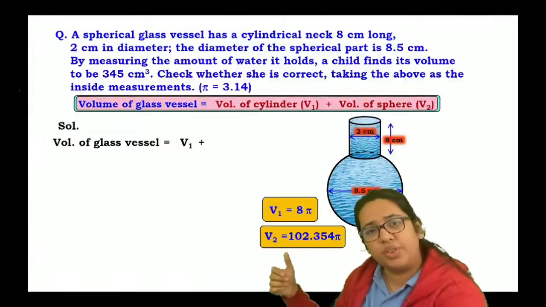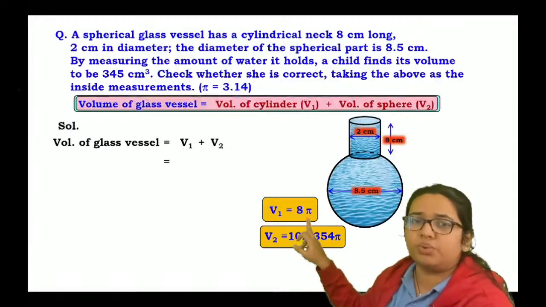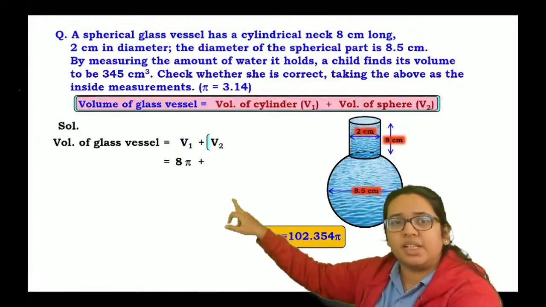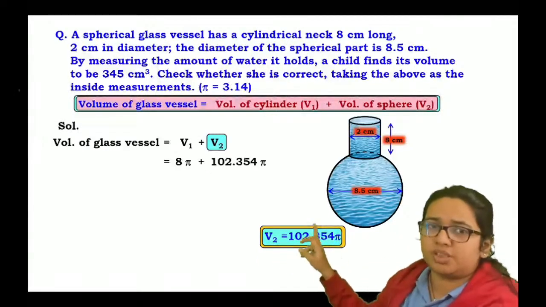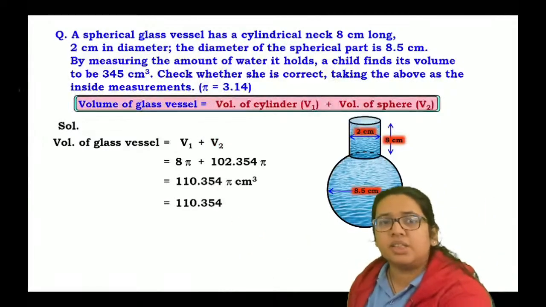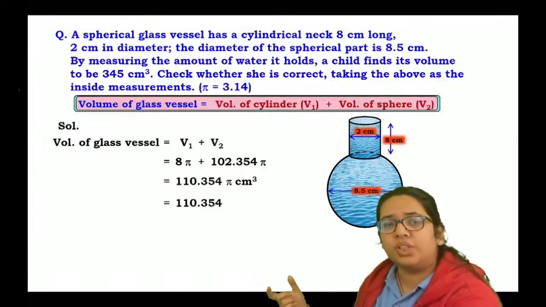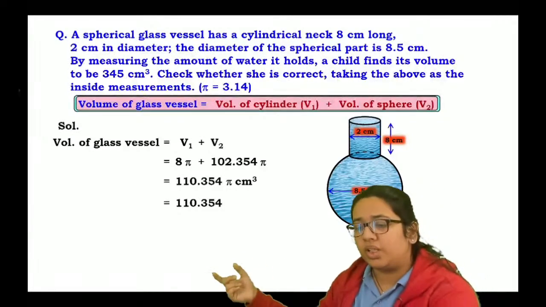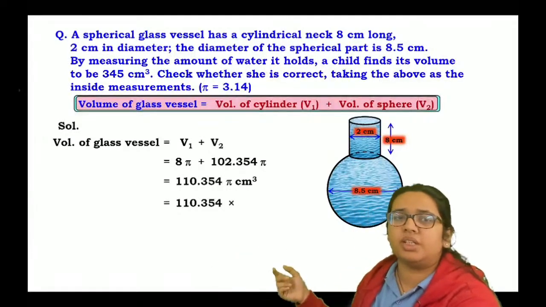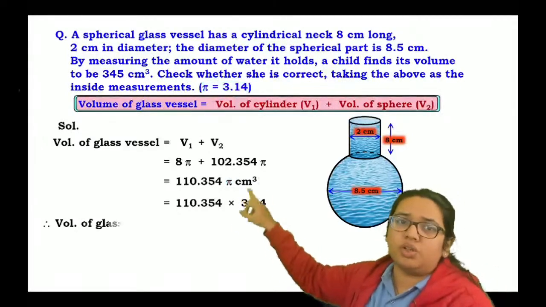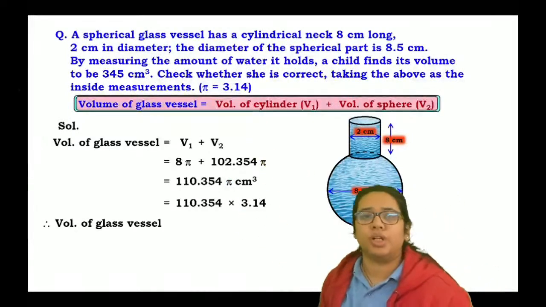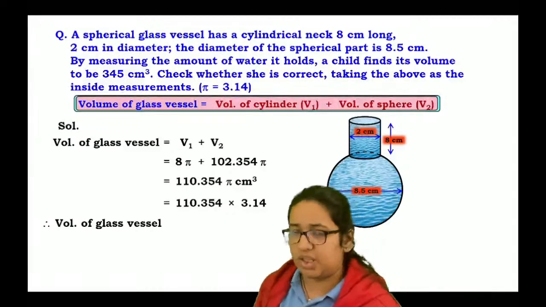So volume of the glass vessel is nothing but V1 plus V2, that is 8 pi plus 102.354 times pi. After adding this, you will get that volume of the glass vessel will be 110.354 times pi. So we'll put the value of pi as 3.14 as given in the example.